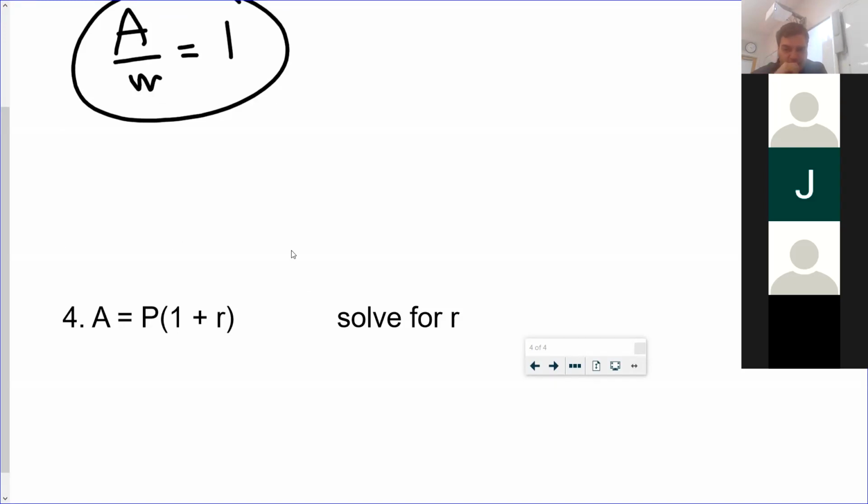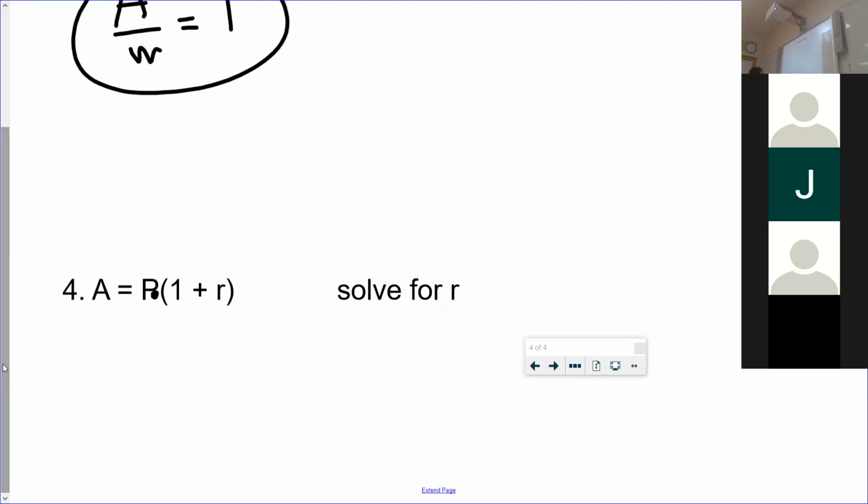But because P is not a real number, what I'd rather do is, this is P times 1 plus R. So I'd rather do the opposite of times P, which is divide by P and divide by P. So you end up having A over P equals 1 plus R. You don't need the parentheses anymore because you moved the P already. So there's nothing multiplying to R or 1 plus R.